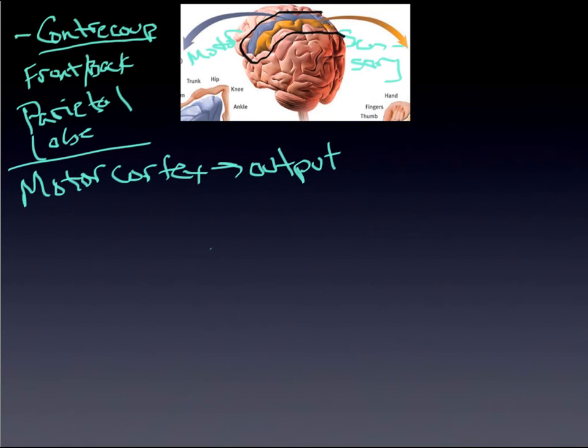The sensory cortex brings information in, the motor cortex produces movement as a result of that.